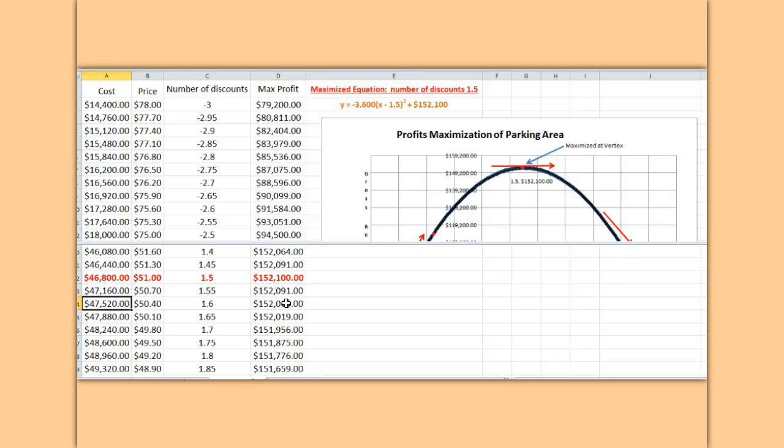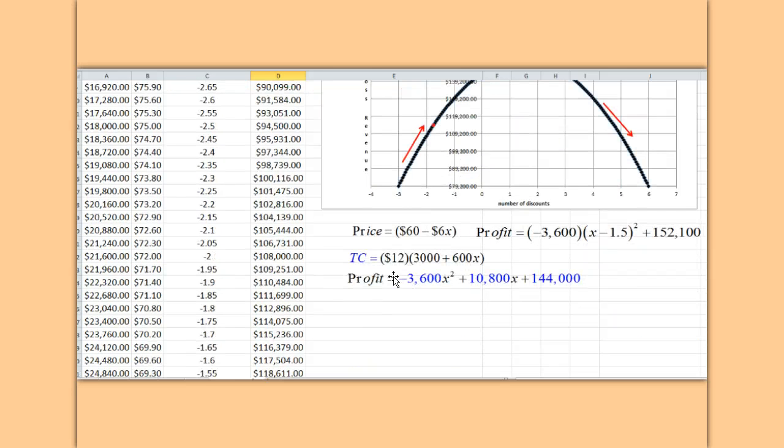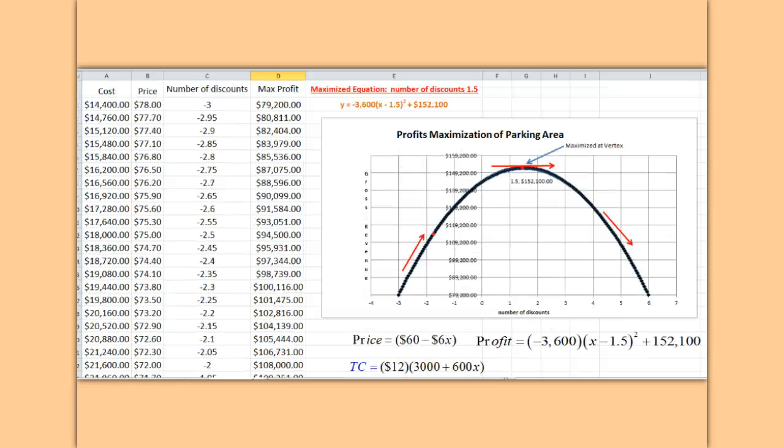You'll see that. You start losing money. And you just plug into these equations and you can get whatever you need right there.